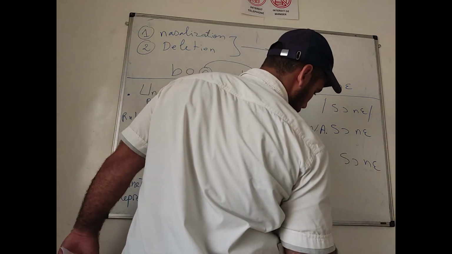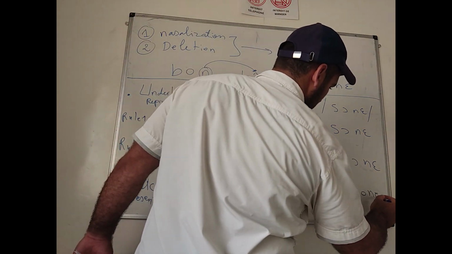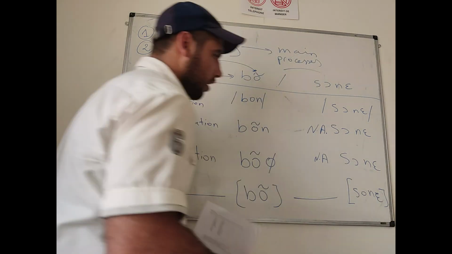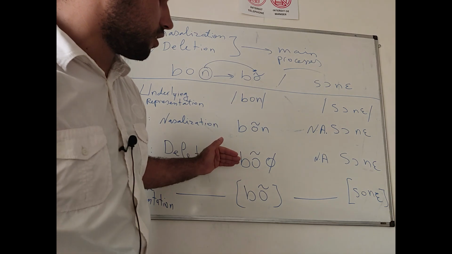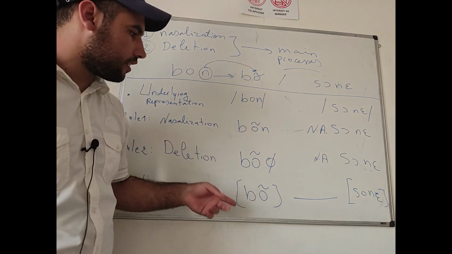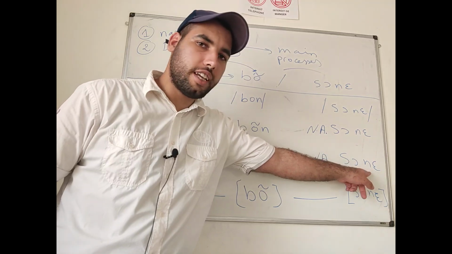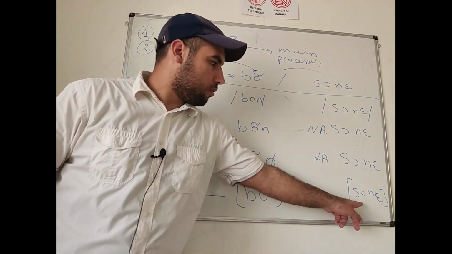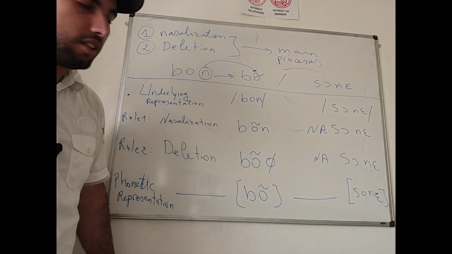And this one would be sonne. Why am I writing this? There is no change, but to show you where the change occurs. So to have a successful nasalization, the nasal should be deleted. Here there was no deletion of the nasal. That's why there was no change in the sounds.